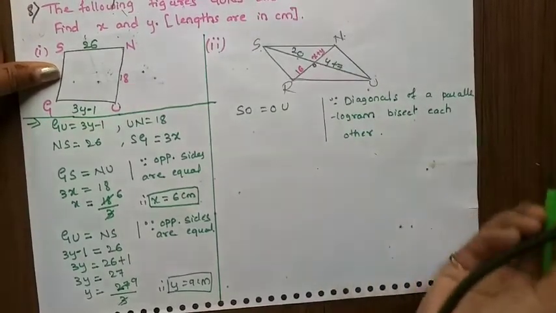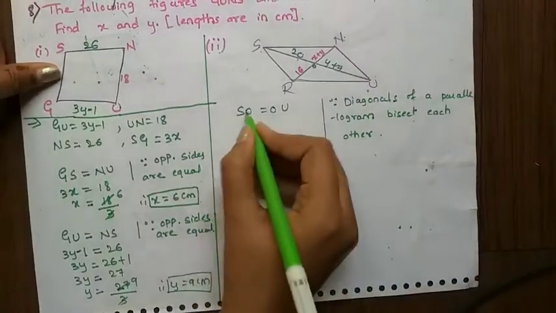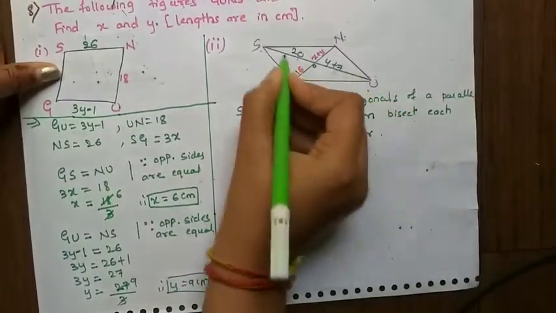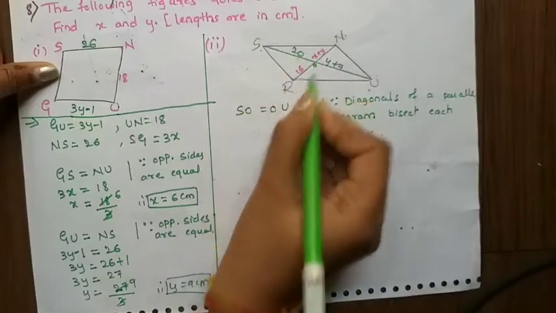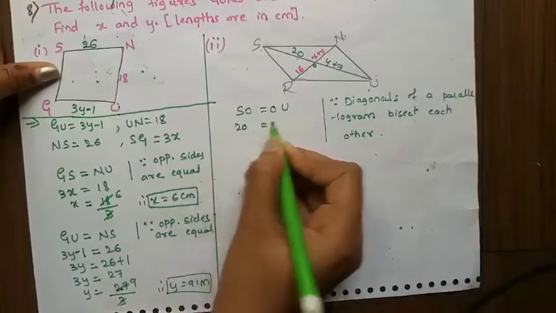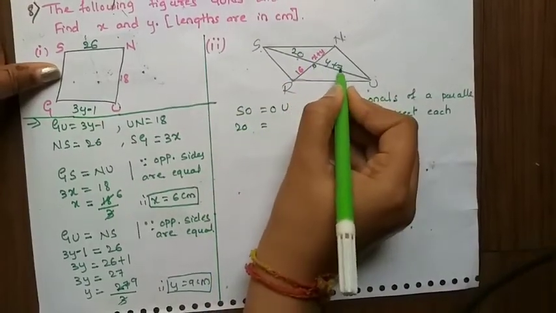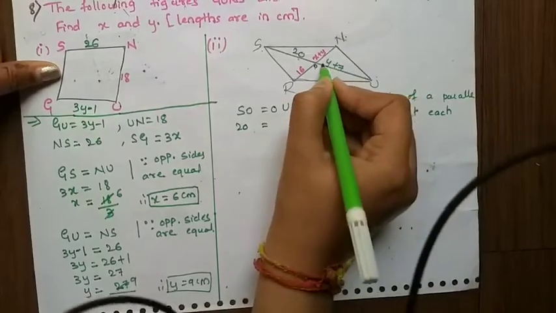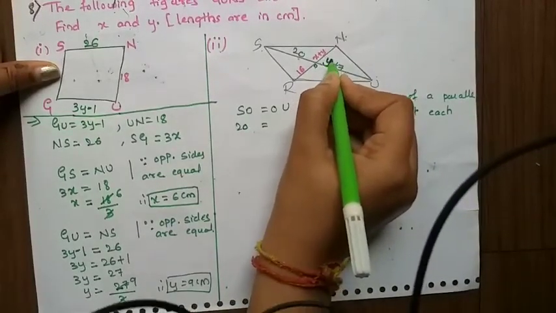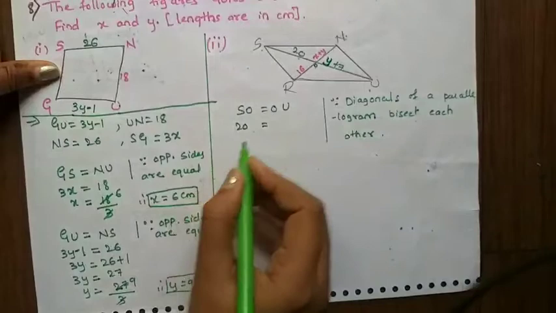SO is 20, which is equal to OU, which is y plus 7.